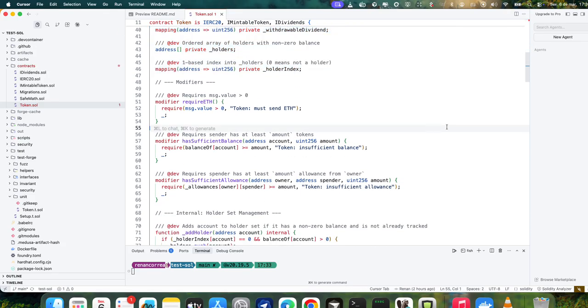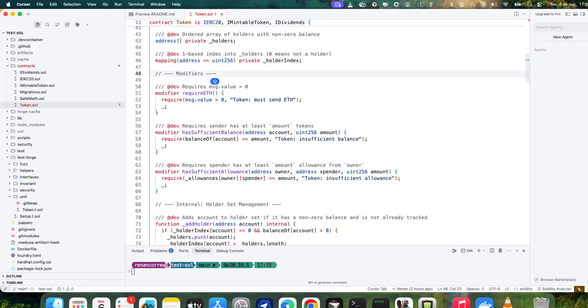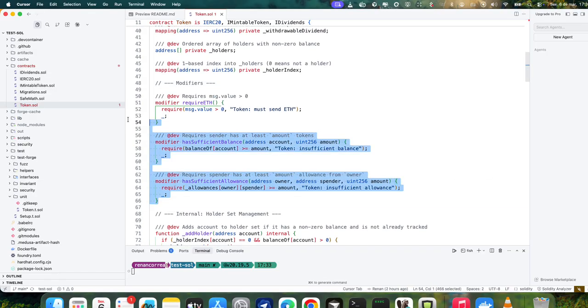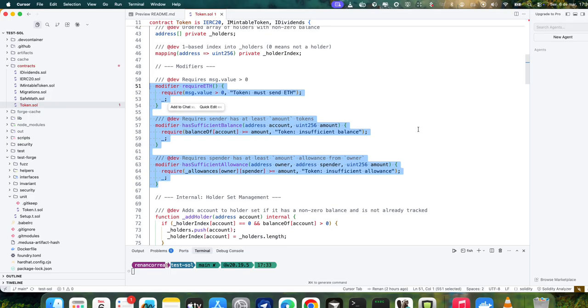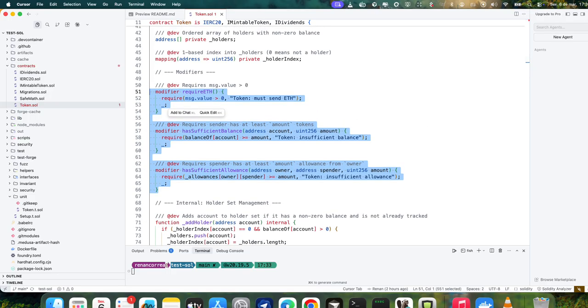This is a swap-and-pop set that gives us O(1) insertion and removal. I created 3 modifiers to keep the code clean. Requires ensures msg.value is greater than 0. HasSufficientBalance checks the sender's token balance, and HasSufficientAllowance verifies the sender's approved amount. These replace require statements throughout the contract.